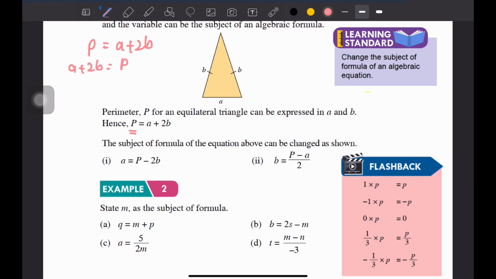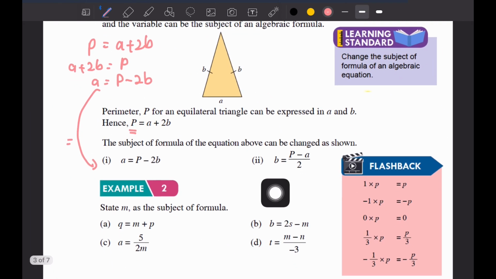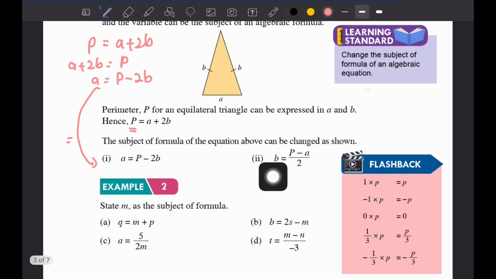Okay, next we want A only. So apa yang kita buat dengan 2B? Kita buang 2B. So A is equals to ataupun 2B pindah ke sebelah positif jadi negatif. So P minus 2B. Tada! Sama. Or we can also make B as our subject.